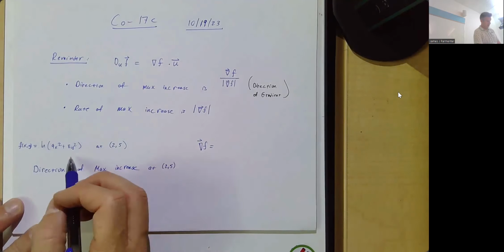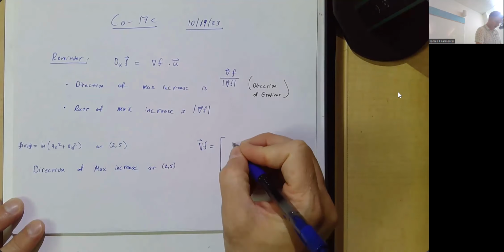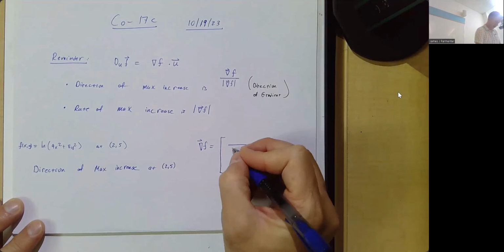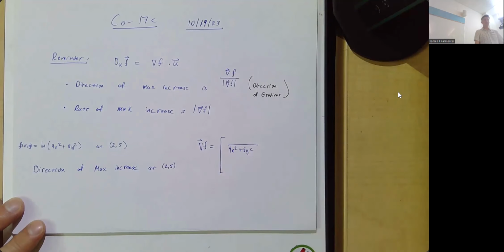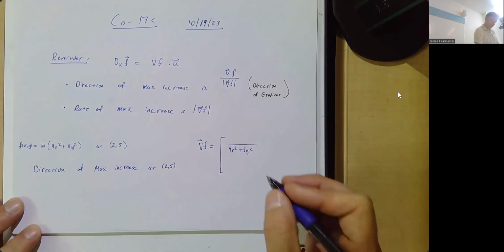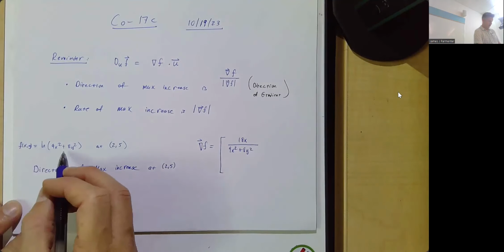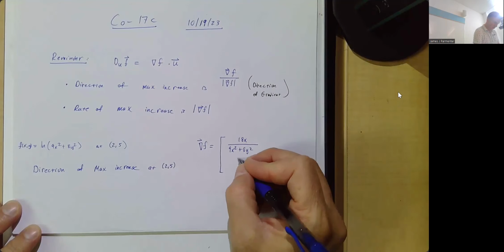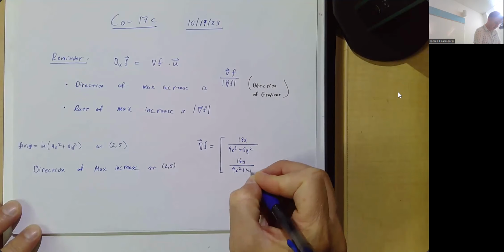The derivative of the natural log of some stuff is 1 over the stuff, times the derivative of the stuff. With respect to x, that's 18x over 9x squared plus 8y squared.